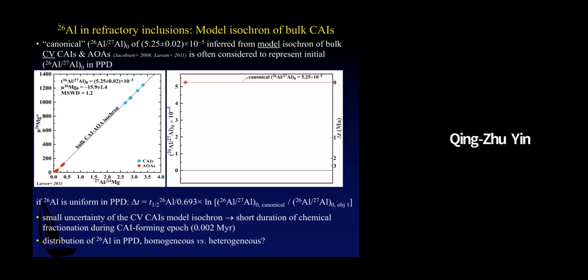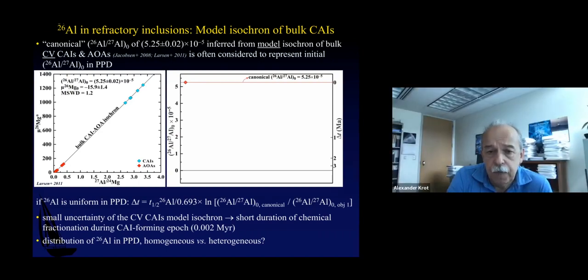And the intercept of this isochron, which is magnesium-26 at time zero, expressed in parts per million with the symbol mu, is minus 16 ppm. If you compare any other isochron with this canonical isochron, we can calculate the age difference between the formation of another object and the formation of calcium-rich inclusions, which, as I already said, are the first solids formed in the solar system.